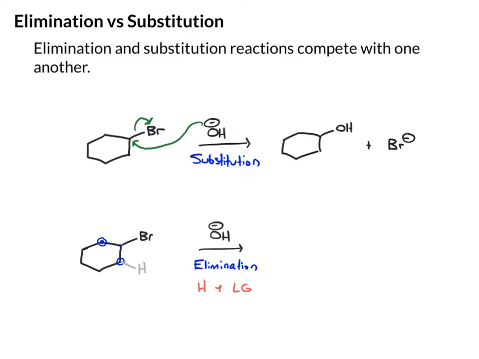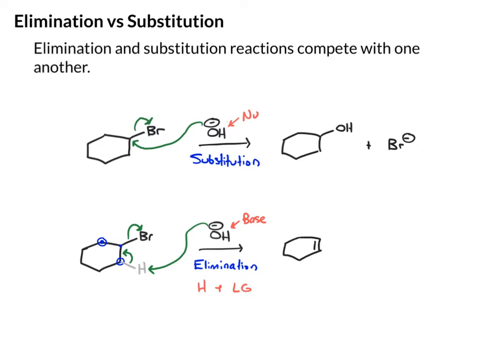What happens in the elimination is instead of acting as a nucleophile, like it did up here, the OH minus will act as a base. And it will go and take this proton next to the leaving group. Those electrons will come down to form a pi bond, and then we'll lose the leaving group.